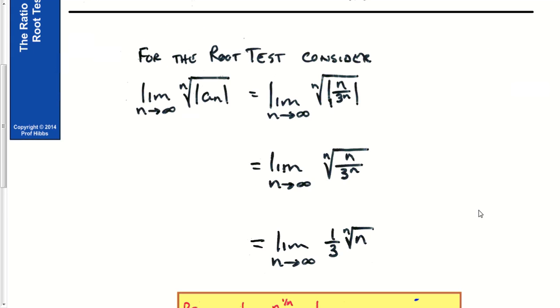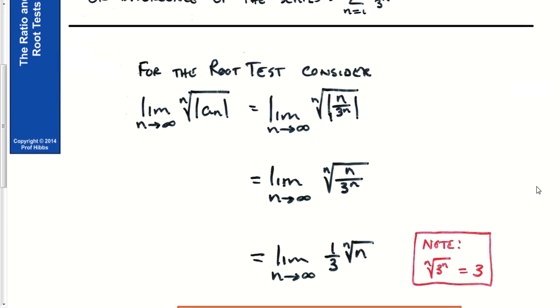We could think of this nth root as the nth root of the numerator, the nth root of n, divided by the nth root of the denominator, the nth root of 3 to the n power. And the nth root of 3 to the n power, of course, is just 3. The square root of 3 squared would be 3. The cube root of 3 cubed would be 3.